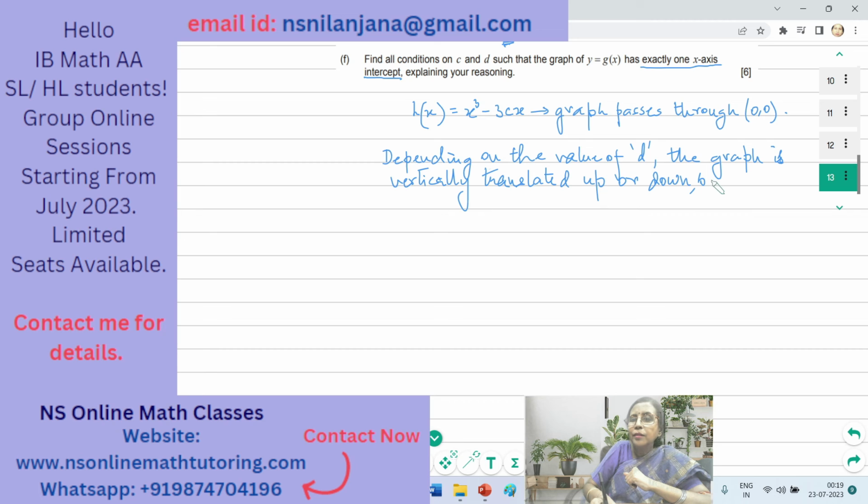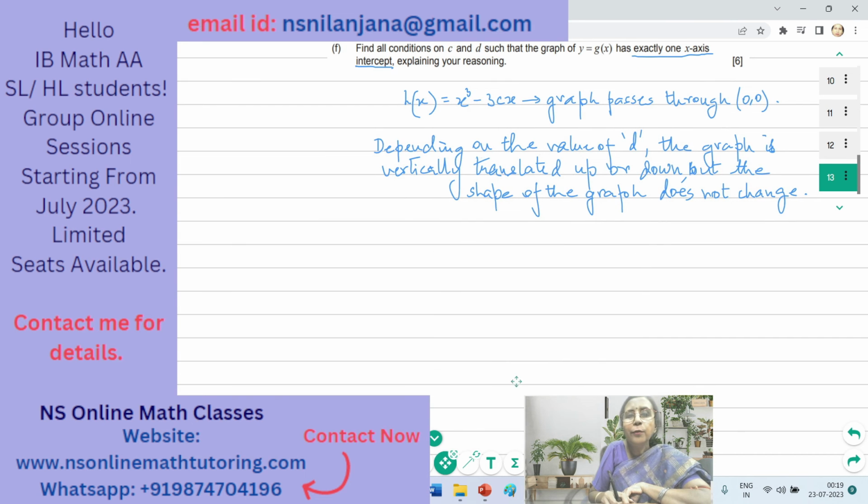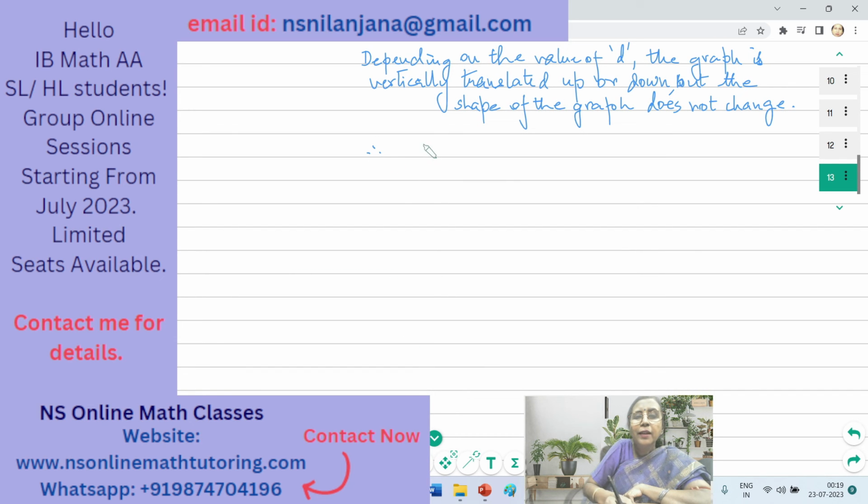But the shape of the graph does not change. Okay, so only one single x-intercept.